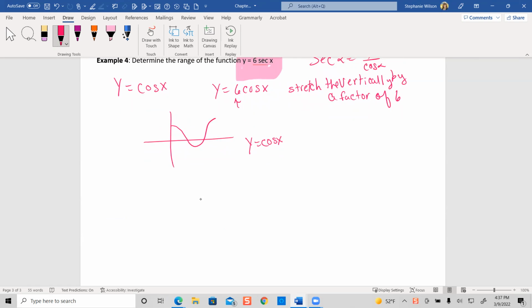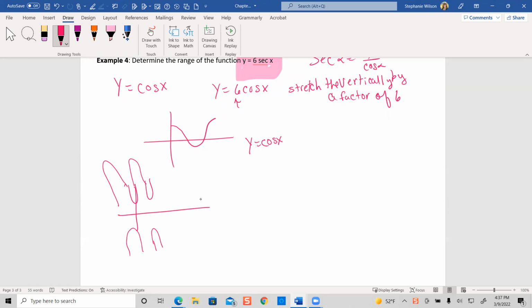We're going to take this graph and stretch it by a factor of 6. Once we do that, let's look at it. And y'all can use y'all's graphing calculator. You need to use a graphing calculator to get a really good shot of this.